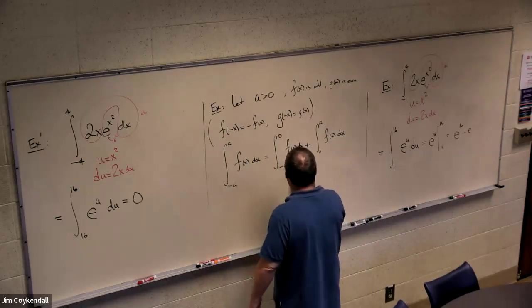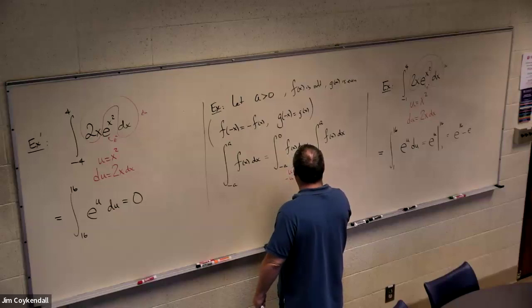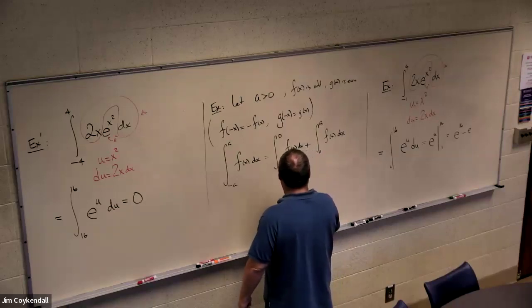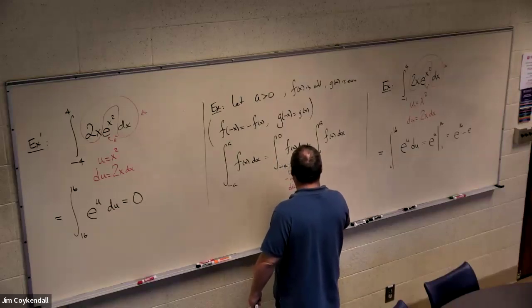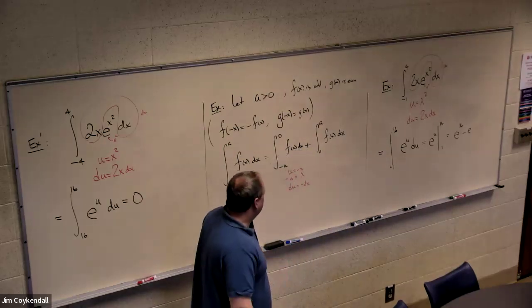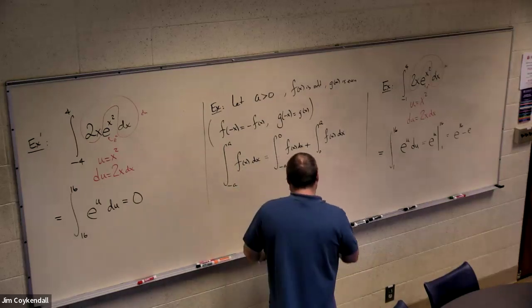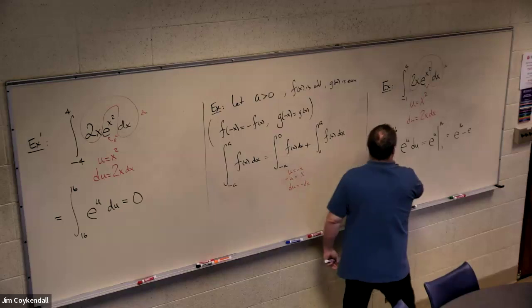Here I am going to do u equals minus x, or equivalently minus u equals x. So u is minus x. That's about as simple a substitution as I can muster. Replace u with minus x. So what happens to this first piece?